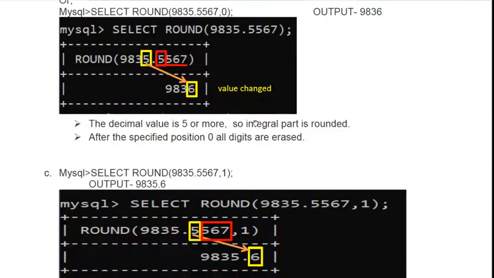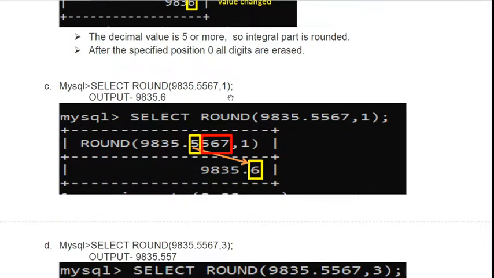Okay. Now next example, when it is plus 1, it means we are representing this digit 5. Okay. To round this digit, it will check the next digit, which is 5. Next digit is 5, so it will increase, it becomes 6. Okay. So comma 1 means it will keep only one digit.